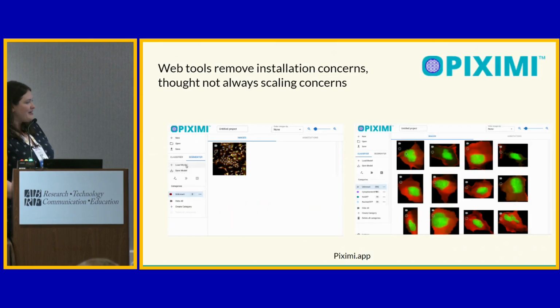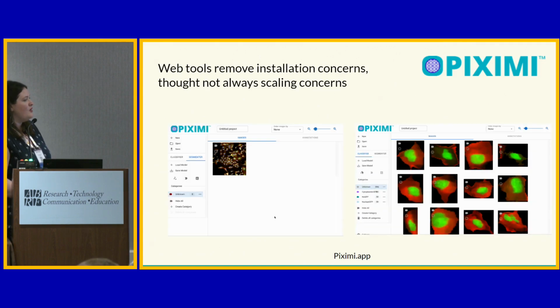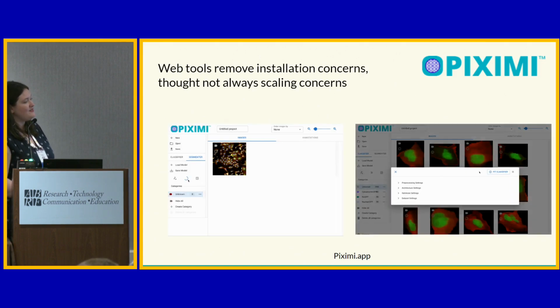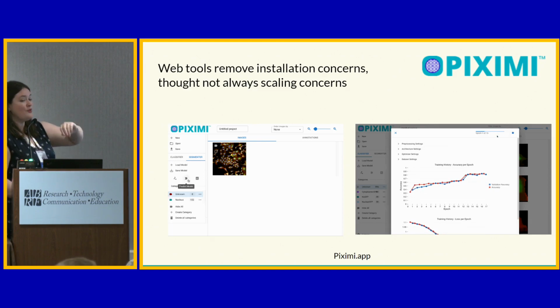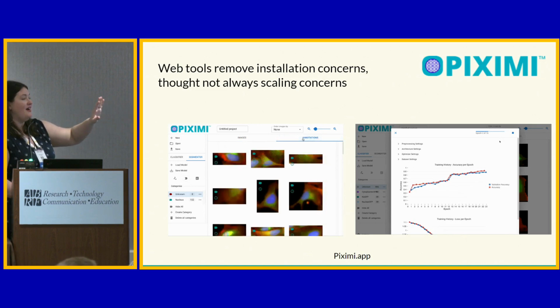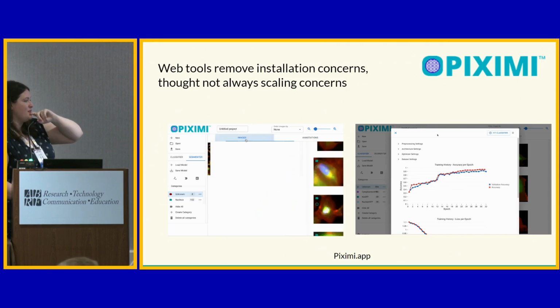But since this is my talk, I want to take 1 second to highlight an amazing tool my team has been building called Cimini, where you can do deep learning right now, classification, and use of pre-trained segmentation models. Training your own segmentation models in the browser will come soon. And this is all happening on your local hardware. The data never leaves your machine. Again, I'm very happy to talk about this at length, usually at a bar.